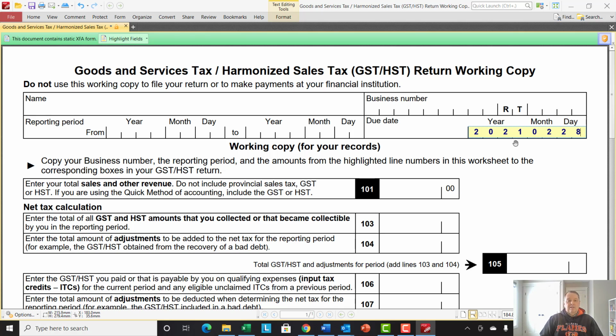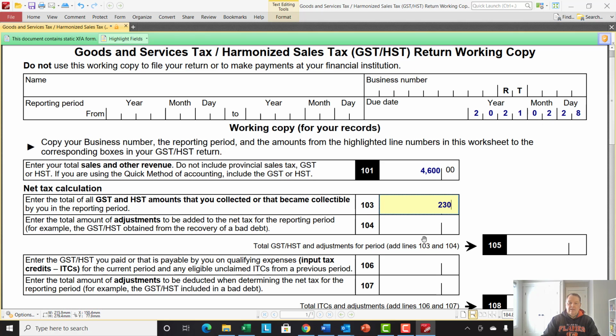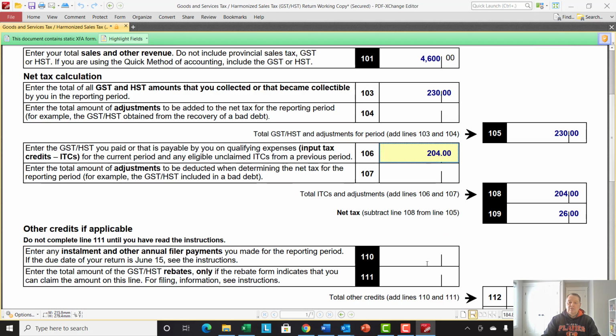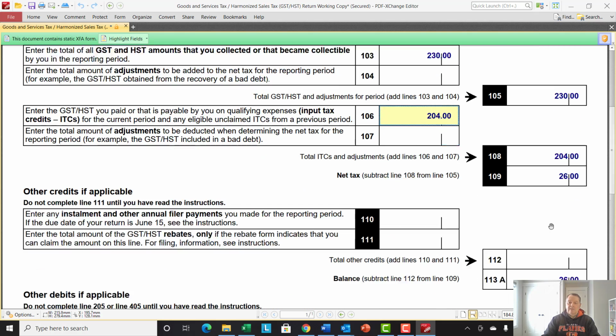We talked about it in class, but unfortunately, not everybody caught it. Right here would have been the $4,600 in revenue. This is the $230 in GST that was collected, and right here was the $204 in GST paid out. So you should have ended up with the $26 in net tax.